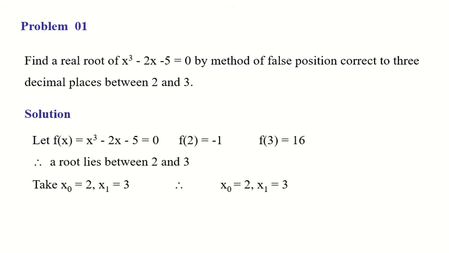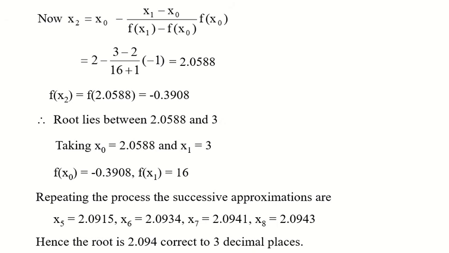That gives you 16. So you can observe in this problem, f(x0) is −1, that is less than 0. f(x1) is 16, that is greater than 0. So f(x0) and f(x1) are of opposite signs.